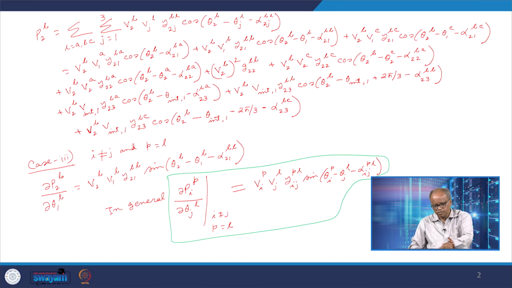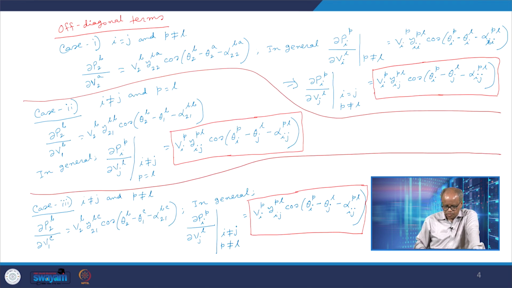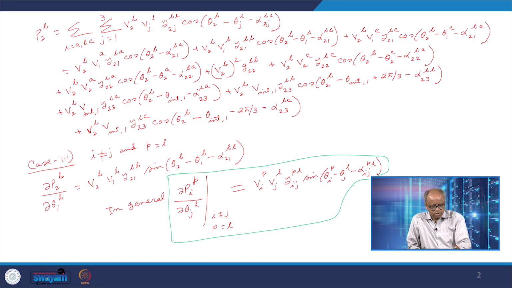Then V3B Y23BB cosine(theta 2b minus theta 3b minus alpha 23BB), right.